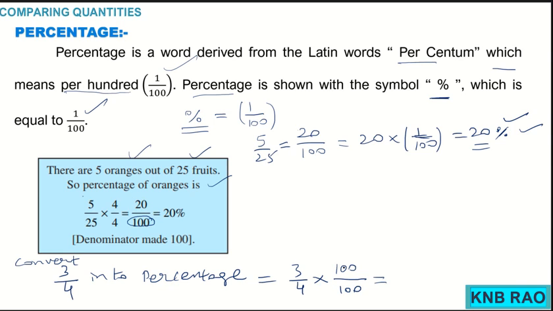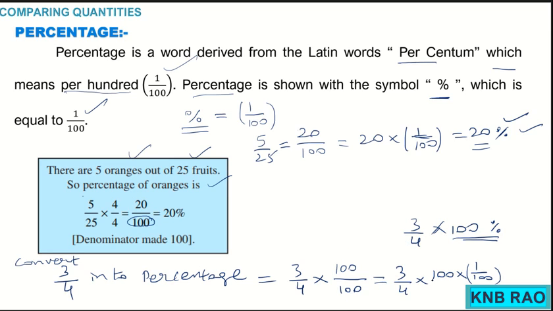Now 100 by 100 can be written as 100 into 1 by 100. So what is this 1 by 100? I can say that 3 by 4 into 100 percentile symbol is nothing but 3 by 4 only, na?